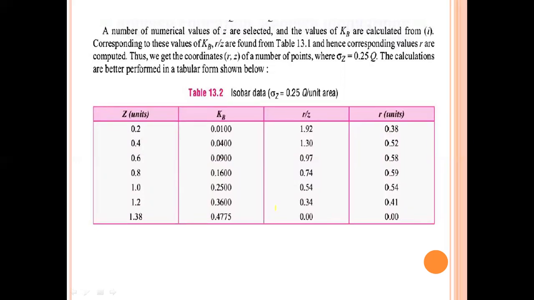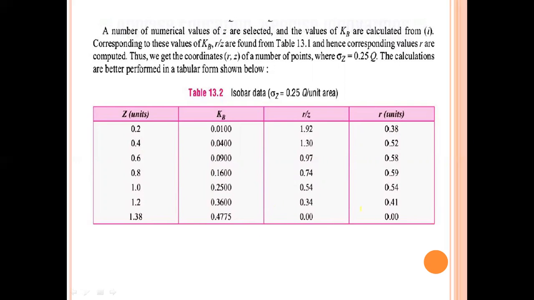Corresponding to these values of Kb, r by z values are found from the below table, and hence corresponding r values are computed. We get the coordinates r, z of a number of points where sigma z equal 0.25 into q. The calculations are better performed in the tabular form as shown below.